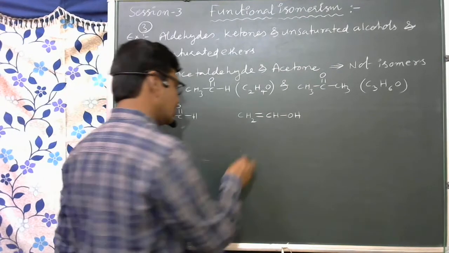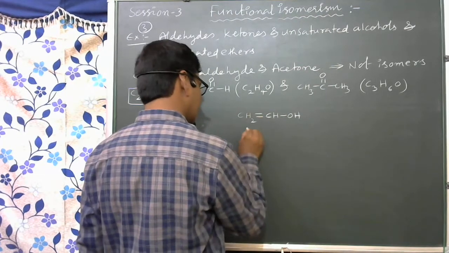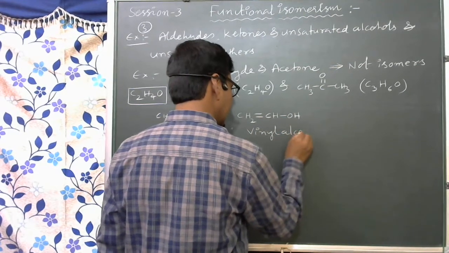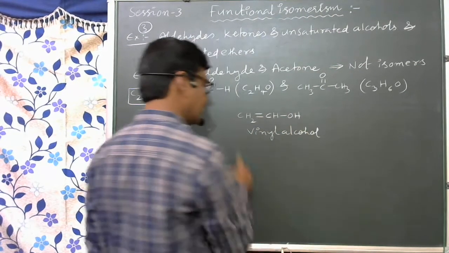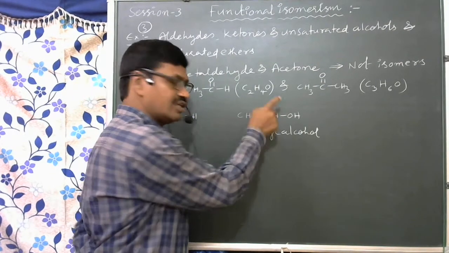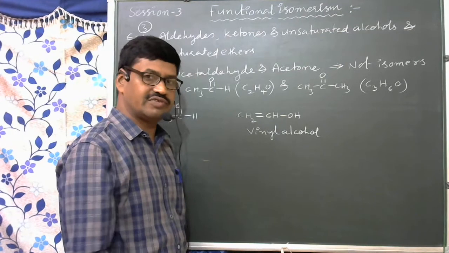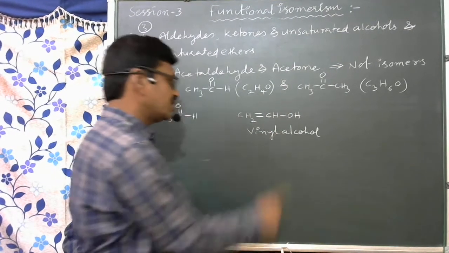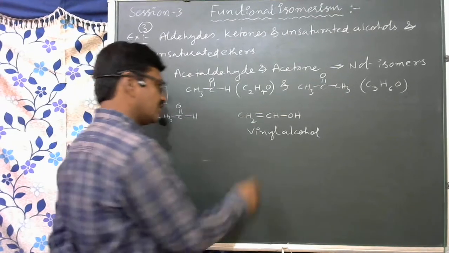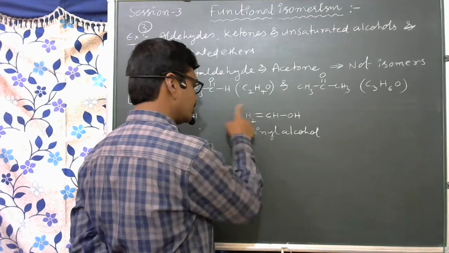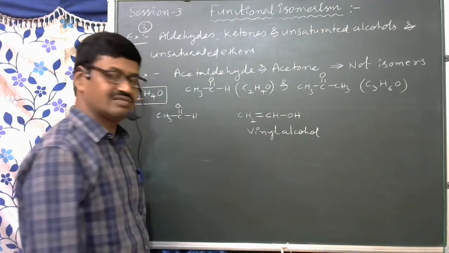So this is the unsaturated alcohol, otherwise we can say vinyl alcohol. Vinyl group means directly doubly bonded carbon atoms attached to any group. The OH group is attached to a double bonded carbon atom, so we can say it is vinyl alcohol. Otherwise, as per IUPAC nomenclature, this is the first carbon, this is the second carbon, so it is ethene.